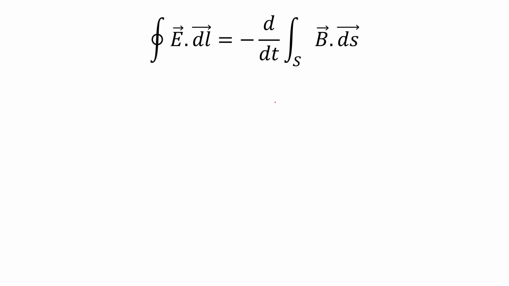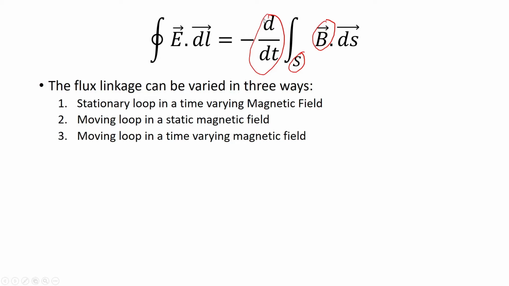Now, there are two factors here. One factor affecting the flux linkage is obviously the magnetic flux density, and the other factor is the surface itself. So the variation in time can be because of three factors.